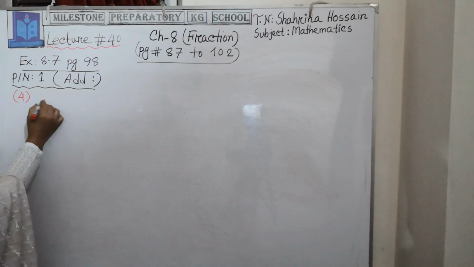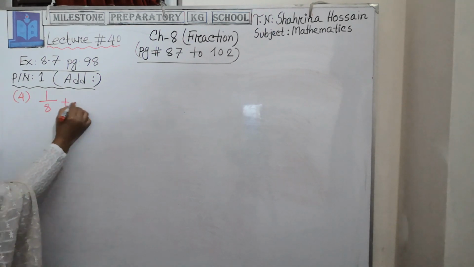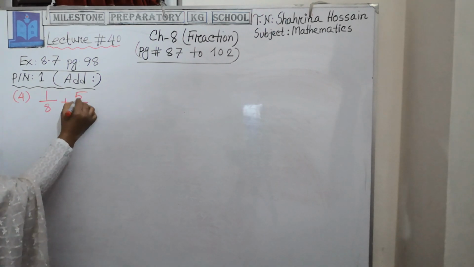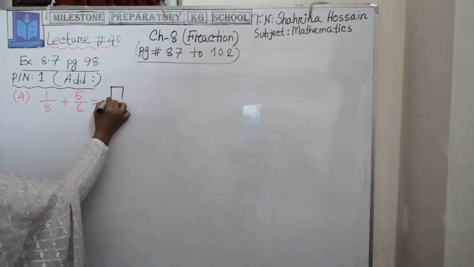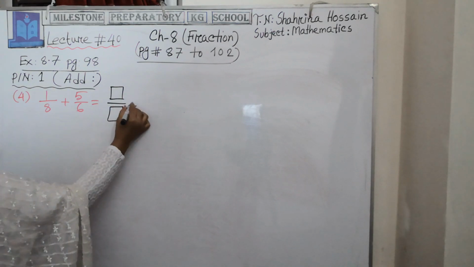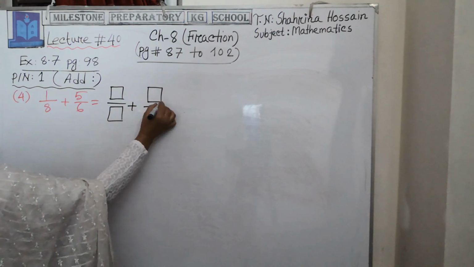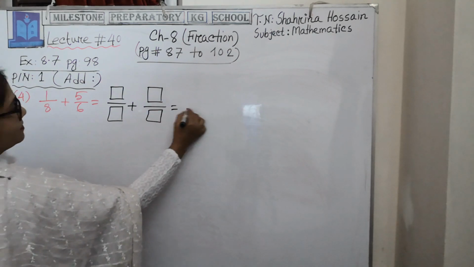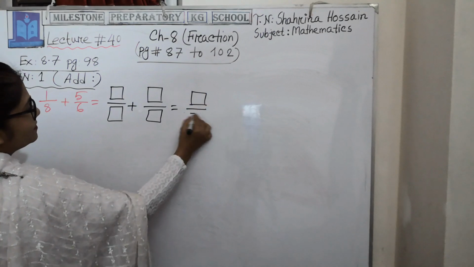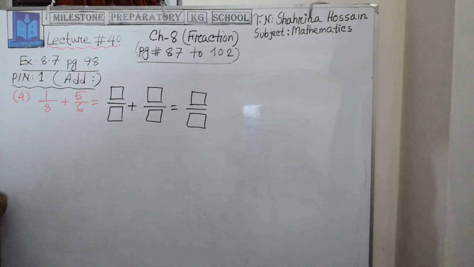Number 4 is 1 by 8 plus 5 by 6 equals to, as usual, box plus box, then box, the downside also box.